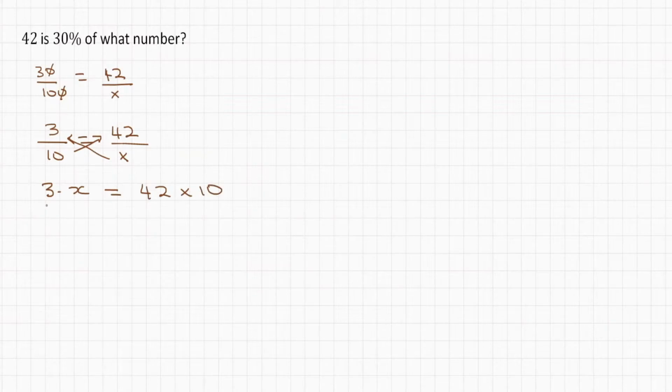So to isolate x, I'm going to divide by the number to the left of the variable, which is 3. So divide both sides by 3. So x is equal to 42 divided by 3. Let's go ahead and do that. 42 divided by 3. 4 divided by 3, we have 1. And then 1 multiplied by 3, we have 3. 4 minus 3, we have 1.